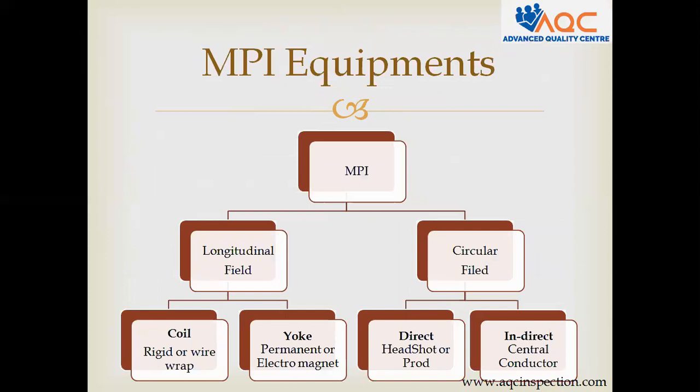Let us discuss the different types of MPI equipment. For longitudinal magnetization, the equipment are coil and yoke. For circular magnetization, the equipment are headshot, rod, and central conductors.